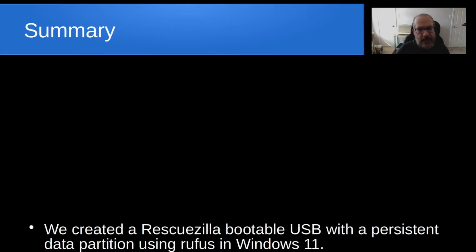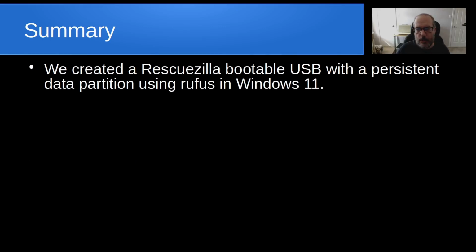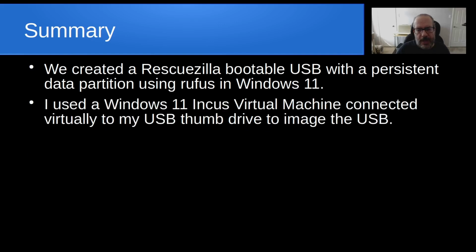So in summary, we created a Rescuezilla bootable USB with a persistent data partition using Rufus in Windows 11. And I used a Windows 11 Incus virtual machine connected virtually to my USB thumb drive to image the USB.